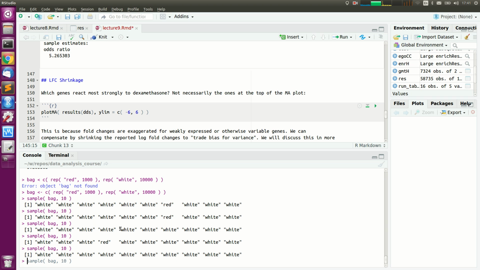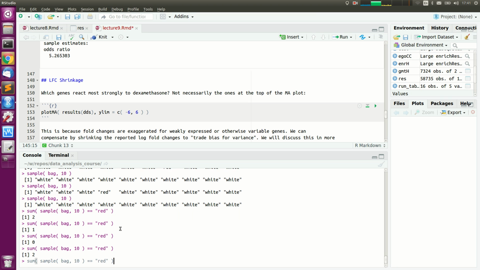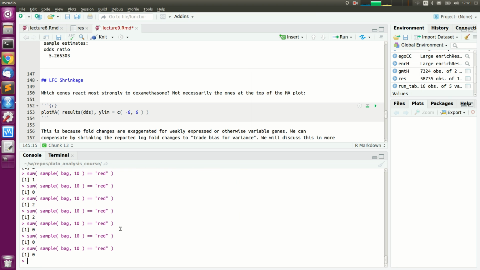Now let's always ask how many of them are red. 2, 1, 0, 2, 2, 0, and so on. Instead of counting, I can divide by 10, so I take the mean, and we see now our estimated proportion. This one says there are no red balls. Here's somebody who says 20% red balls, 0, 10%, and so on.